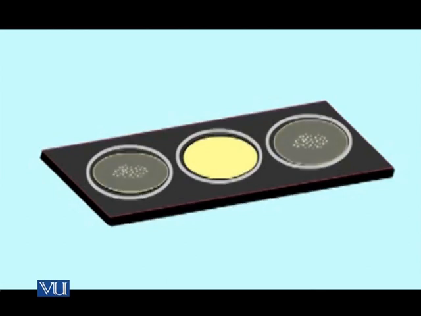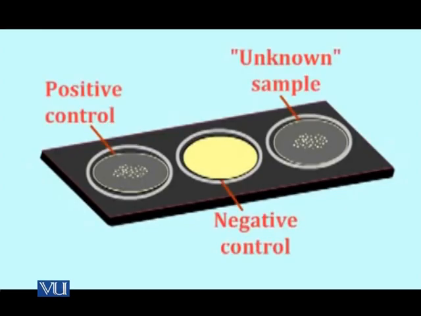This will produce visible clumps, and the solution itself will turn from milky to clear and transparent. This transition should occur in the circle with the positive control. If the antigen is present in the unknown sample, then it will form clumps. The negative control circle should remain unclumped and opaque.